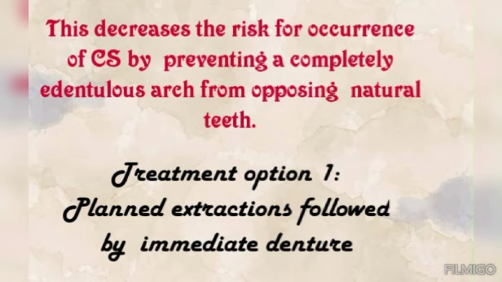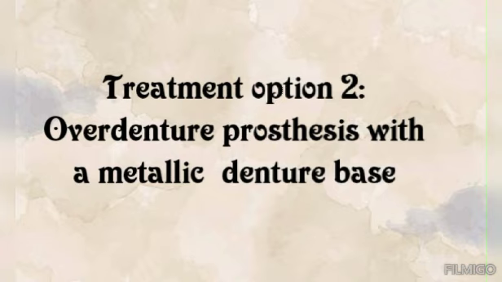This is the simple prevention for combination syndrome. And the second option is overdenture prosthesis with a metallic denture base.